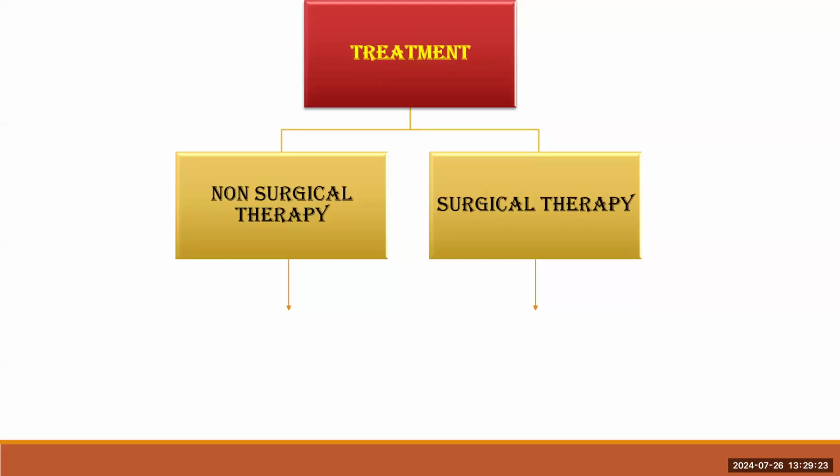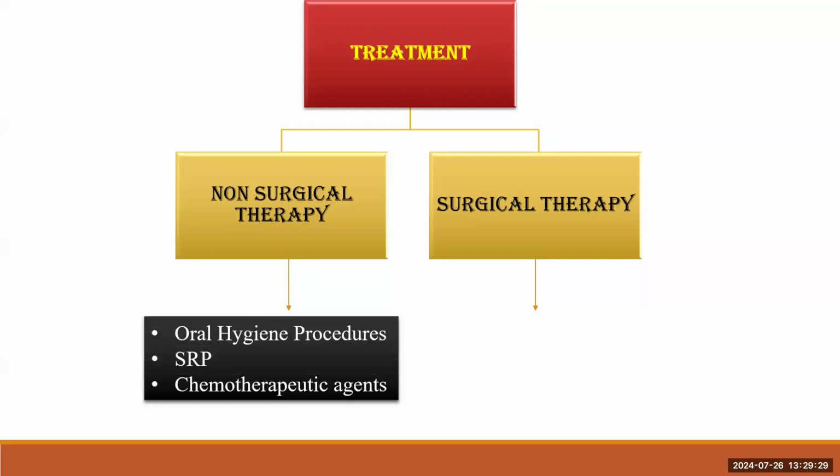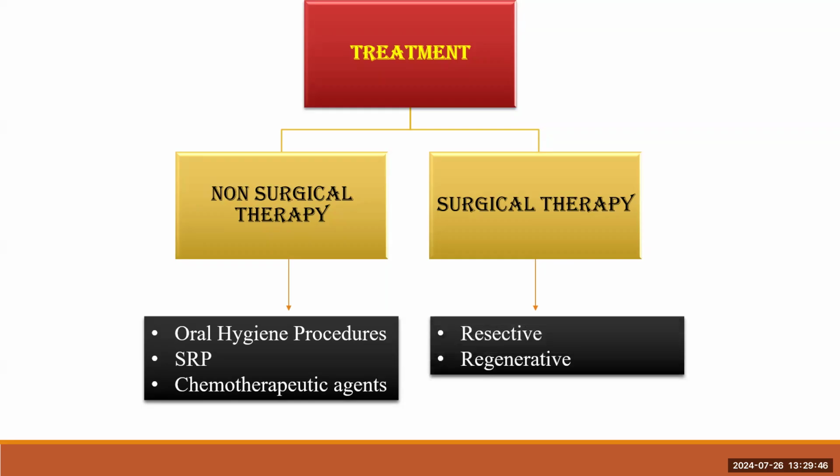According to this, the treatment can be classified into non-surgical therapy as well as surgical therapy. Non-surgical therapy, basically we go for oral hygiene procedures, that is professional mechanical plaque removal and subgingival debridement, as well as chemotherapeutic agents, local and systemic antimicrobial therapy.